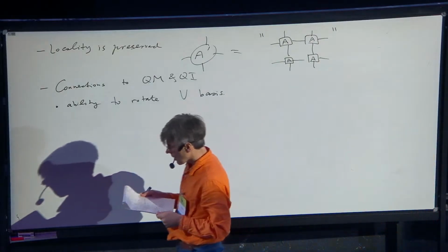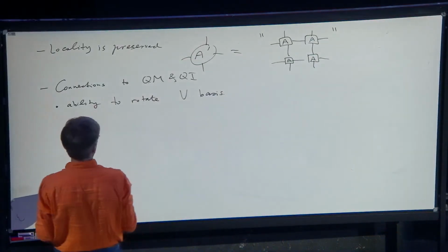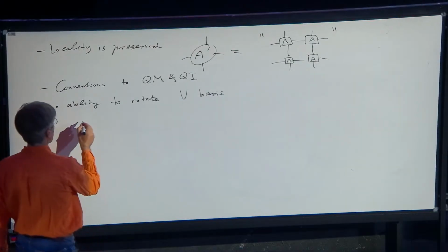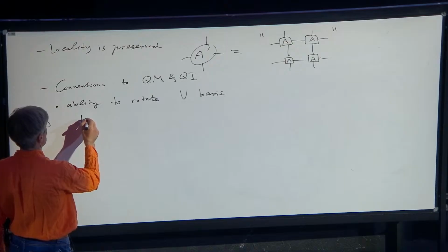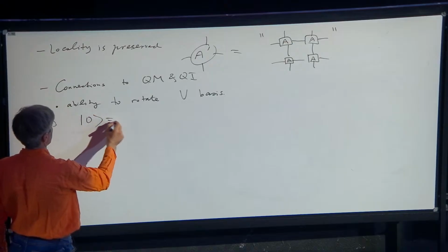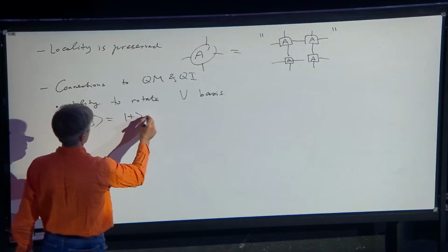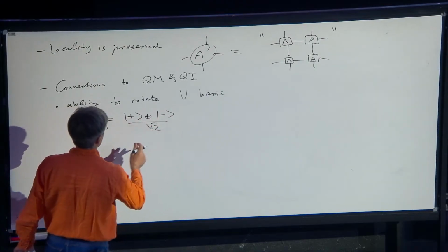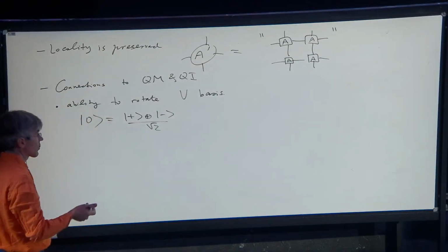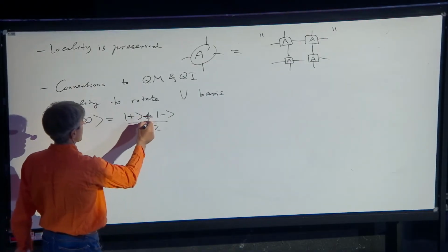And this feels a little bit like quantum mechanics, because in quantum mechanics you can write equations like, okay, you define 0 as a linear combination of plus and minus over square root 2, and so this defines for you a new set of degrees of freedom. This is the usual plus.